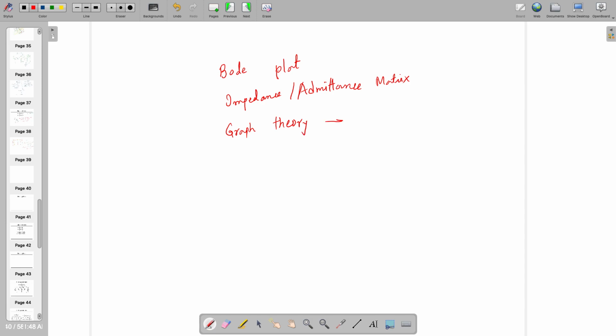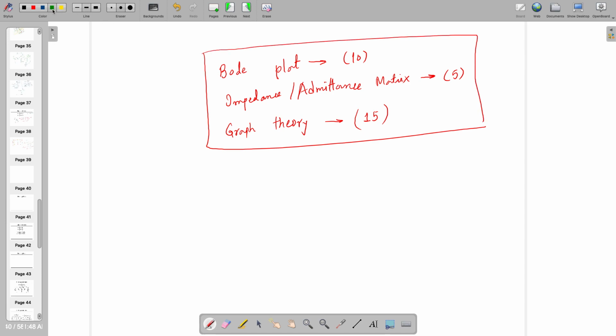So this was something like a 15 marker question, this might be a 10 marker question, and this might be a 5 marker question. So it's in total 30, but there is one bonus of two-port network.